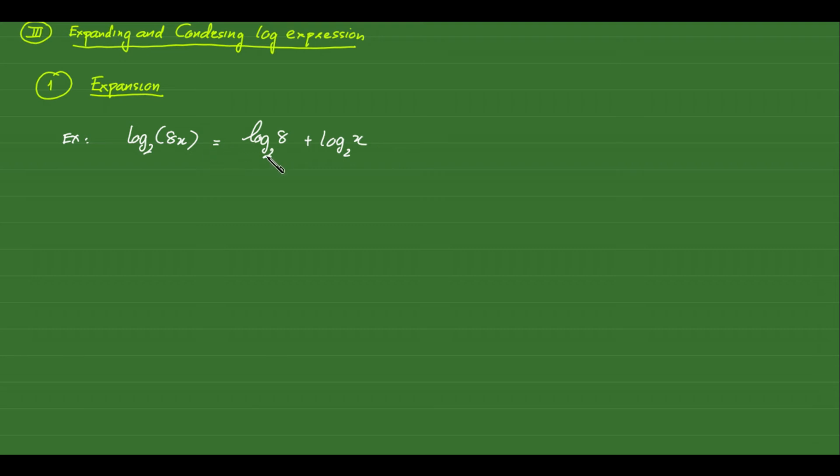Okay, but it looks like we already finished, but we're not, because we can break it down more over here. 8, I can rewrite as log base 2 of 2 to the third power. And log base 2 of 2 to the third power, we already learned how to evaluate in the second part of the lecture.